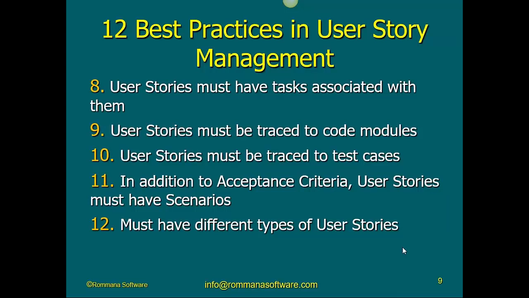And that's why I'm suggesting that user stories must have different types, not only functional. When user stories were implemented and practiced, as I said, they're all functional. But we understand not everything in the system is functional.